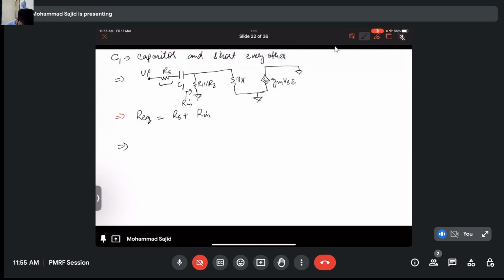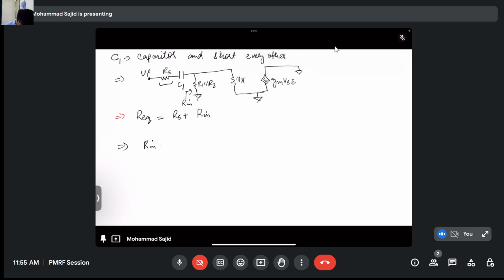Now, if we have to find Rin, we can directly see that Rin is equivalent to R1 parallel R2 parallel R pi, right? So first we need to find R pi.